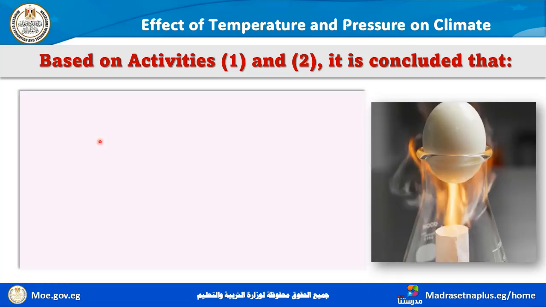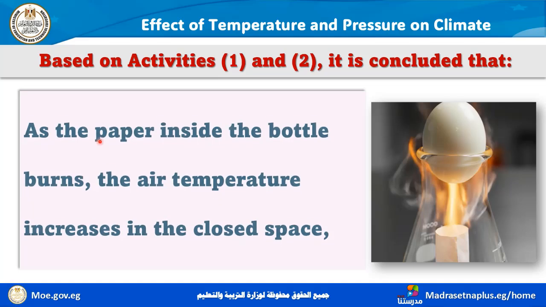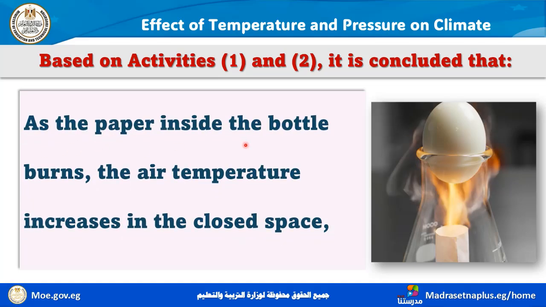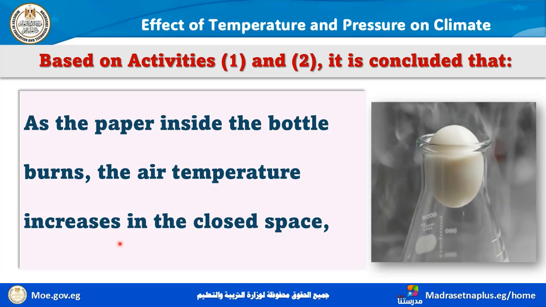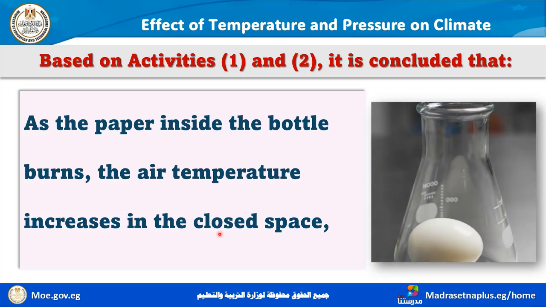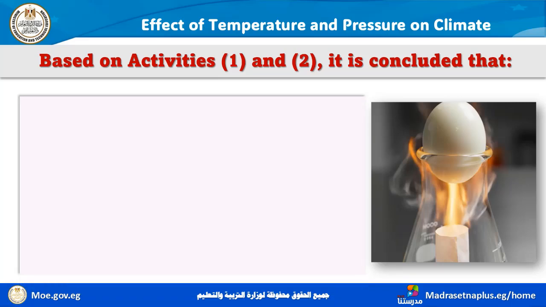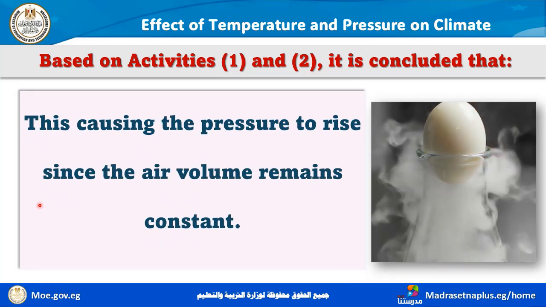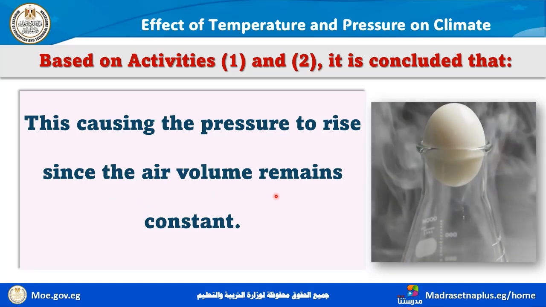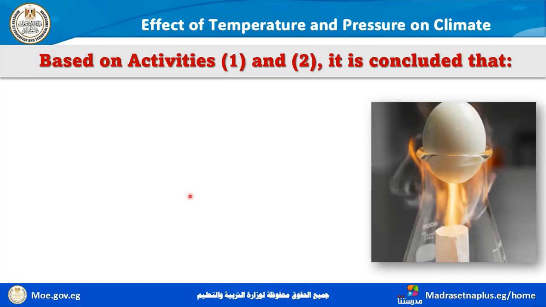So during our second activity, as the paper inside the bottle burns, the air temperature increases in the closed space. In this case, this causes the pressure to rise since the air volume remains constant.